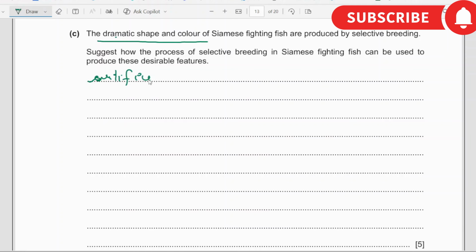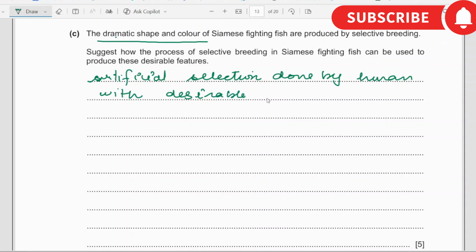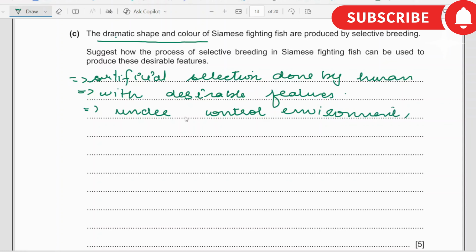Artificial selection, done by humans. Desirable features. Good. Under a controlled environment, interbreeding or crossbreeding is done.